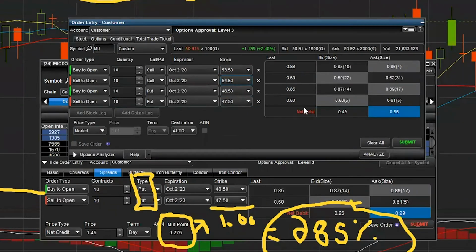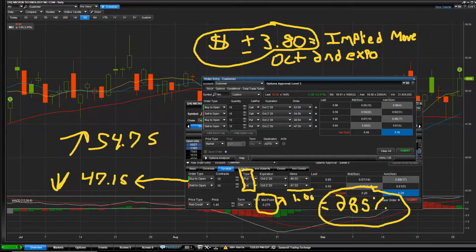Now you can see this is going for a max net debit between 50 and 57 cents. So the midpoint there, let's say it's 54 cents, right? 0.54. So that means if we pick this up for 54 cents, each one of these spreads could be worth a max of $1.